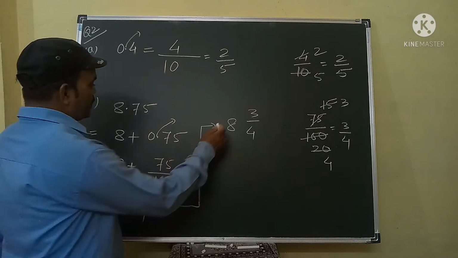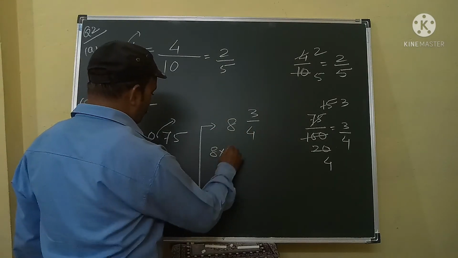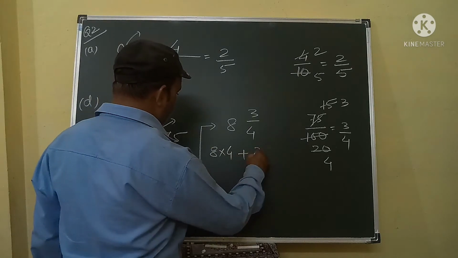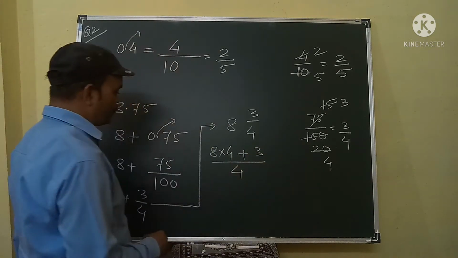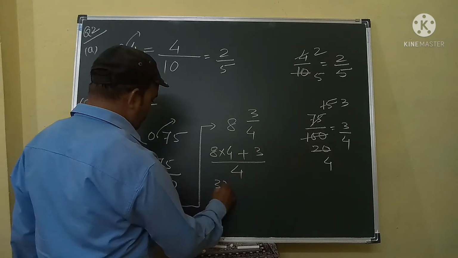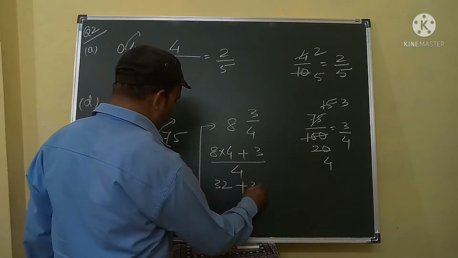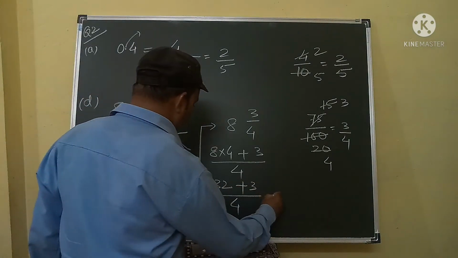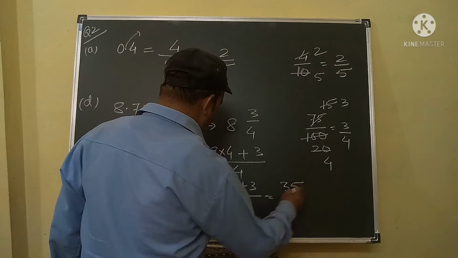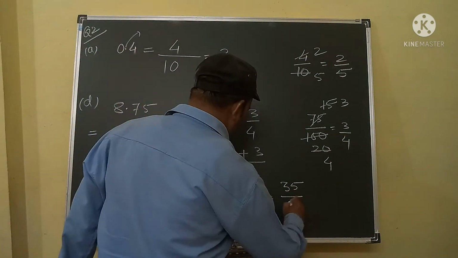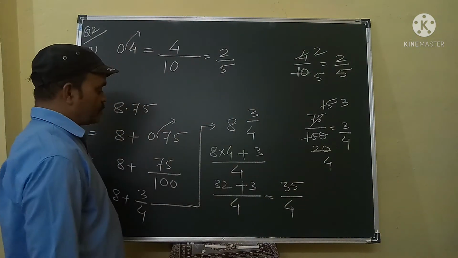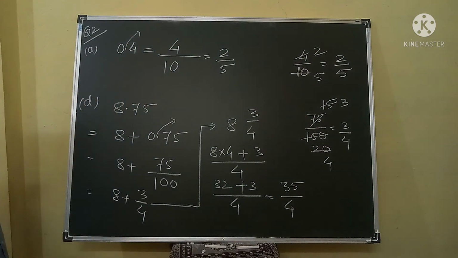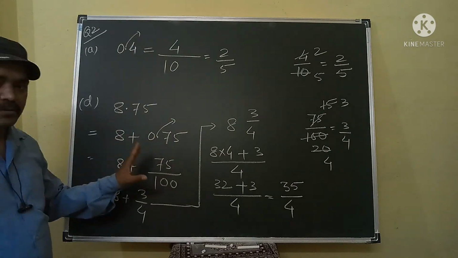Now look here, 8 multiplied by 4 plus 3 upon 4. 8 4s are 32 plus 3 upon 4. 32 plus 3 gives 35 upon 4. So 35 upon 4 is the required answer.